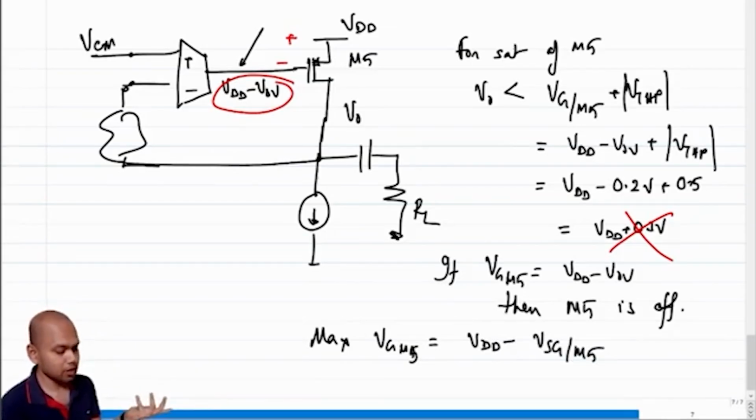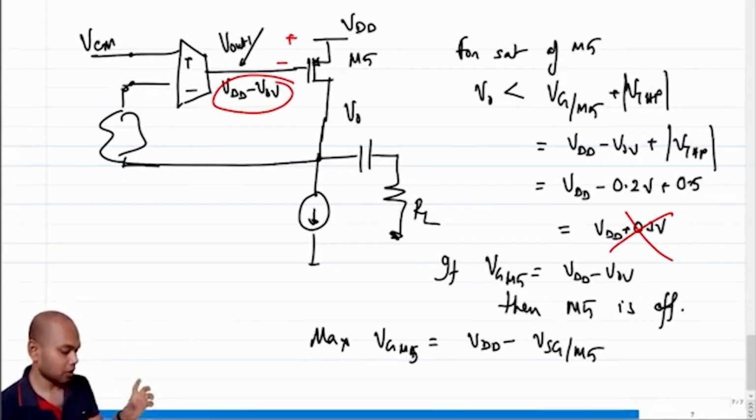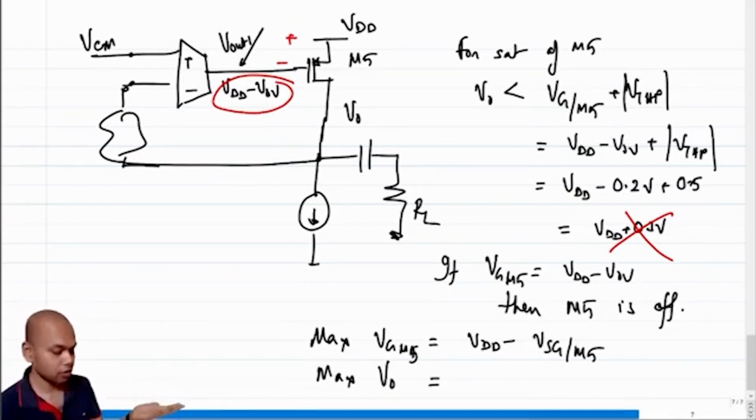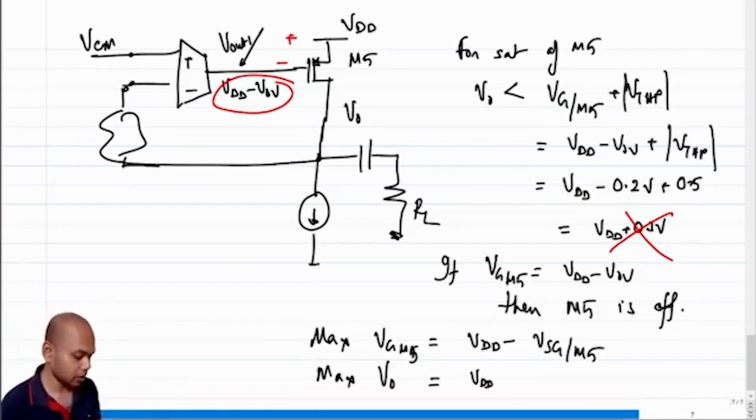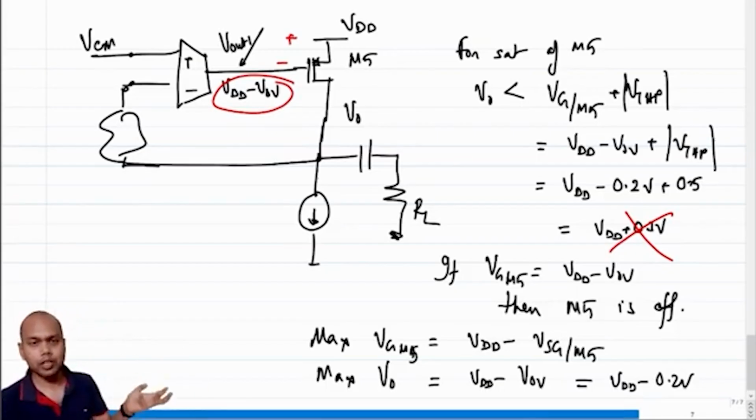Now this is possible, this is not a problem, because this falls within the range of the allowable voltage swing at Vout1. So what is the max V0? So max V0 is this plus threshold voltage, which means VDD minus 1 V overdrive, so approximately VDD minus 0.2 volt. So in this case, V0 can go very close to VDD, right?